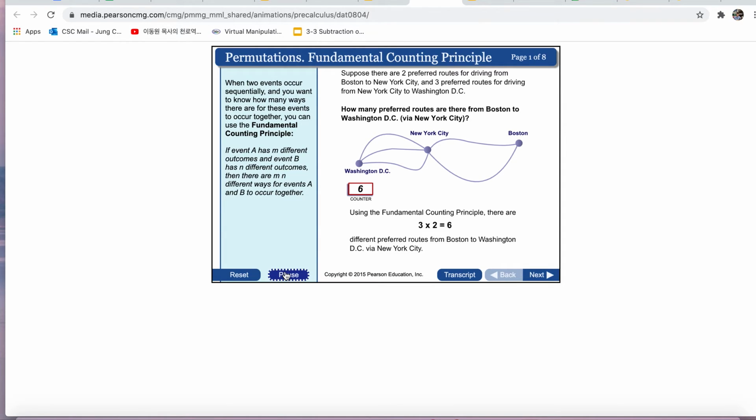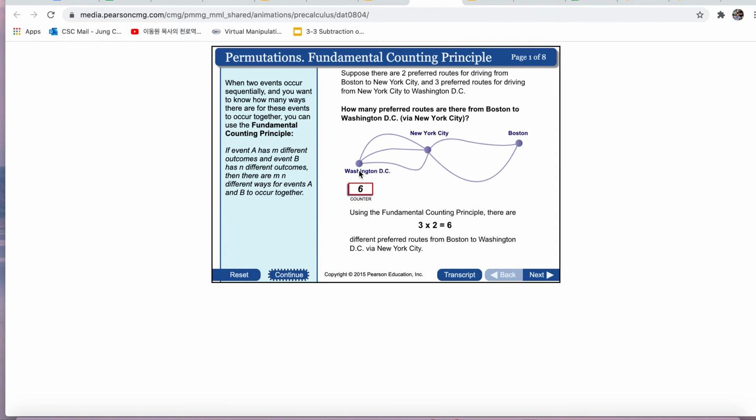Suppose there are 2 preferred routes for driving from Boston to New York City, and 3 preferred routes for driving from New York City to Washington, D.C. How many preferred routes are there from Boston to Washington, D.C. via New York City? Using the fundamental counting principle, there are 3 times 2 equals 6 different preferred routes from Boston to Washington, D.C. via New York City.